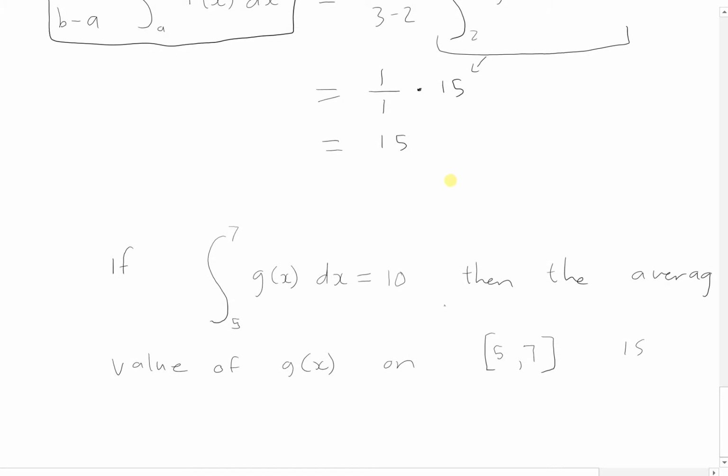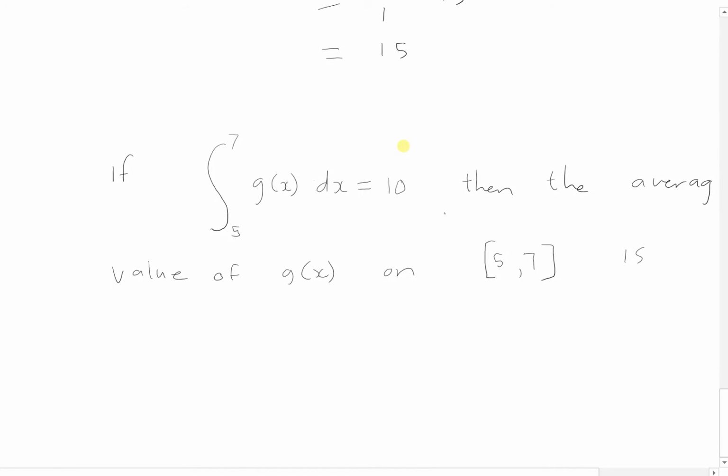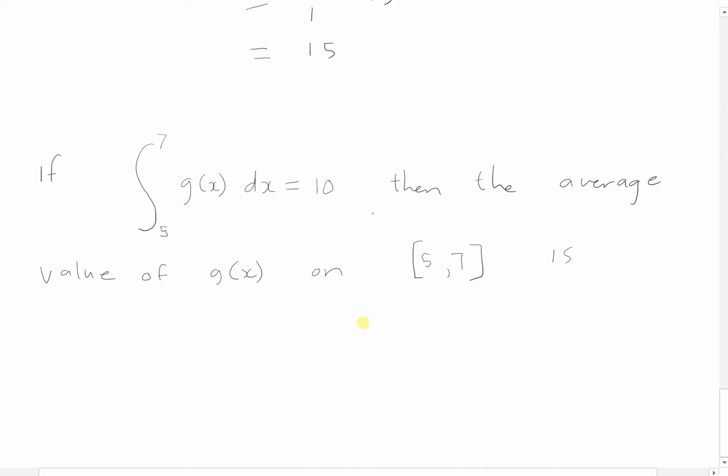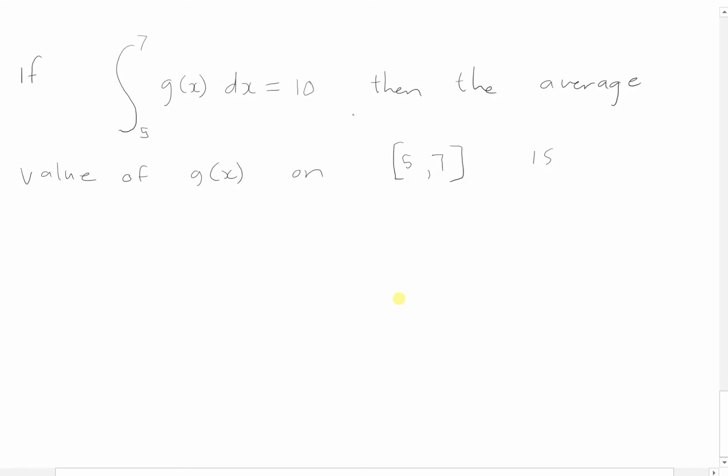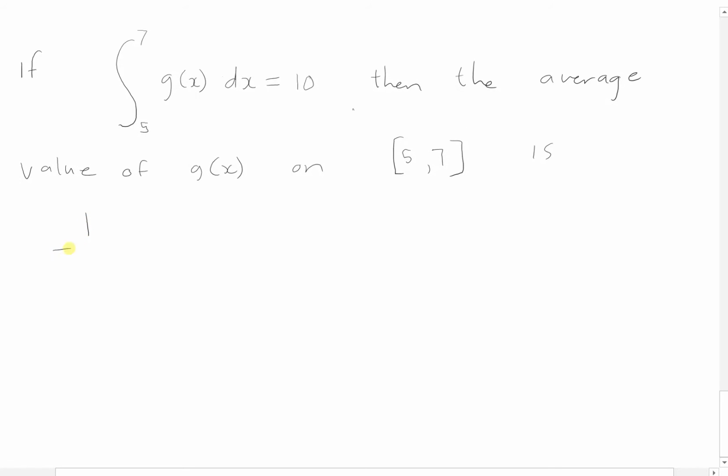Let's say they give us another similar problem. If the integral from 5 to 7 of g of x is equal to 10, then the average value of g of x on the interval 5 to 7 is... Same thing. Again, we write down our formula as 1 over b minus a times the integral from a to b of f of x.